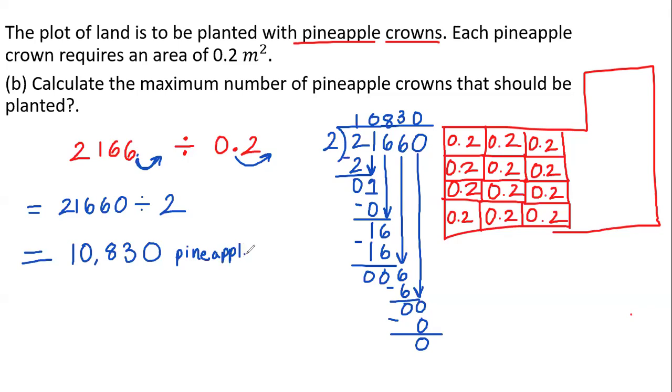You are calculating the maximum of pineapples. Because the pineapples need an area of 0.2 meters, you have to divide 2,166 by 0.2, which gives you the amount which would be planted, which is 10,830.